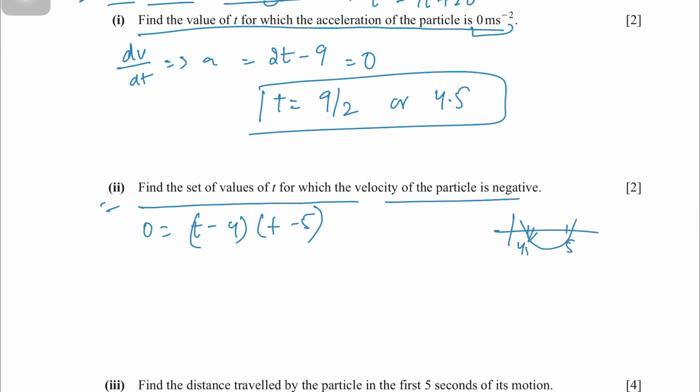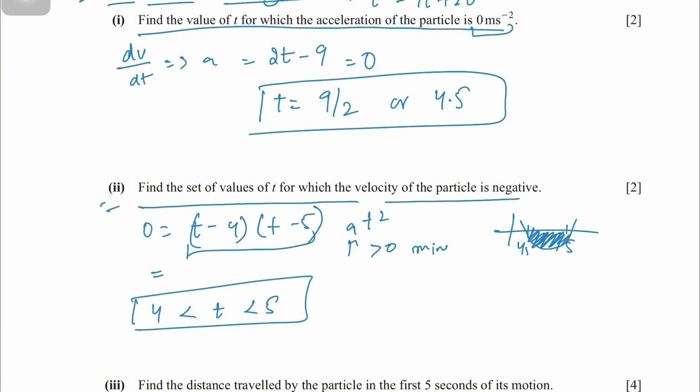In between those values, it could be negative because it is basically a happy face curve, since the coefficient of t squared is positive, greater than 0, which means we have a minimum curve. So we have all our negative values in between these values. So this would be 4 till 5. We have all the negative values.